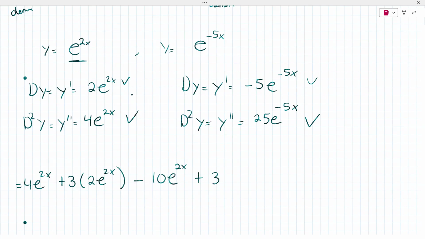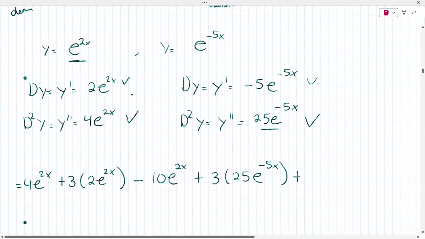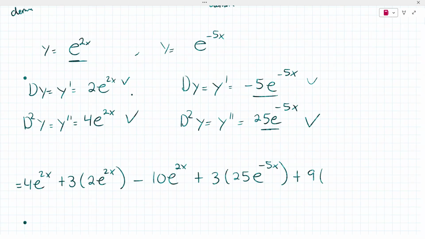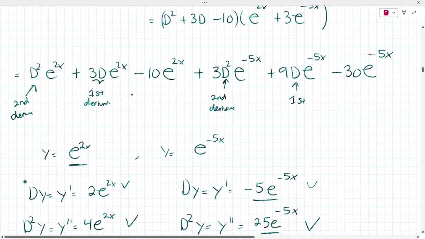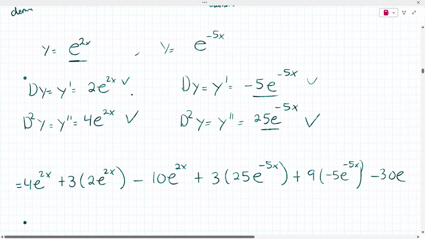D squared is the same thing as second derivative, which was 25e to the negative 5x, plus 9d. D represents the first derivative, which is negative 5e to the negative 5x. And then it's going to be negative 30e, oh, that's just negative 30e to the negative 5x.